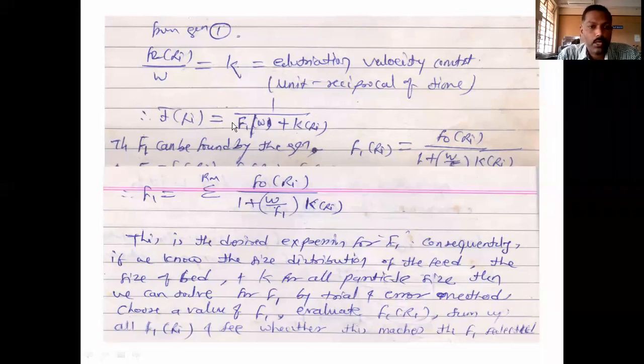This F1 can be found by this equation: F1 Ri is equal to F0 Ri upon 1 plus W upon F1 into K Ri. Remember this equation. And F1 total is the summation over all sizes of particles of F0 Ri upon 1 plus W upon F1 into K Ri.